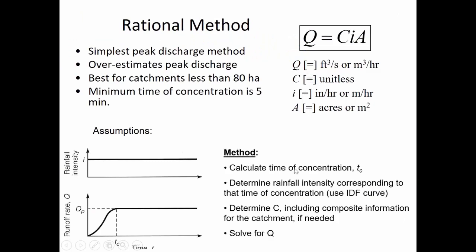So estimating how long that time is, and then with that time you go to the intensity, duration, frequency curve to find the I, the intensity, and then assessing the land characteristics to determine the C value, and then you plug the numbers in. Q equals CIA, and solve for the Q, the peak runoff flow rate.